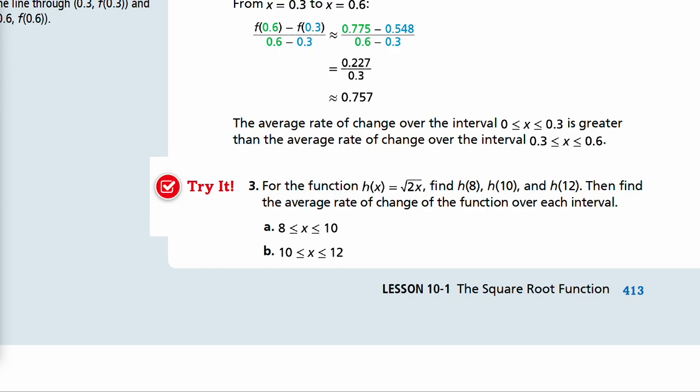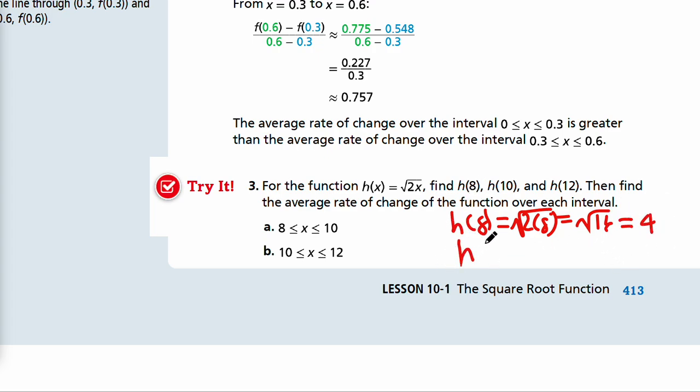Okay, are you ready? Have you figured out the points? So first of all, you need to figure out the points. h of 8 is equal to root of 2 times 8, which is root 16, so that's basically 4, right?